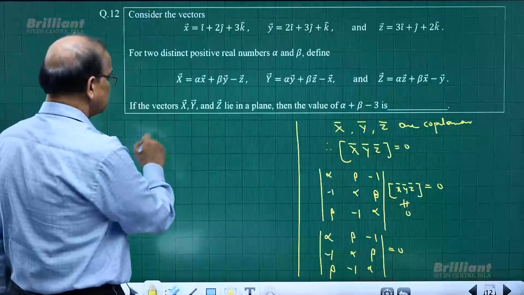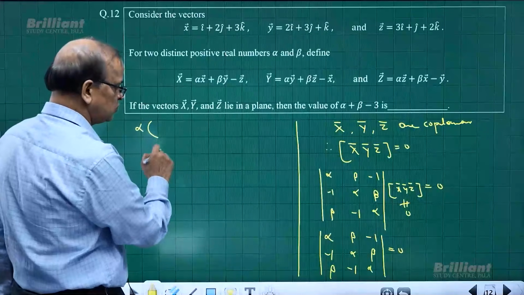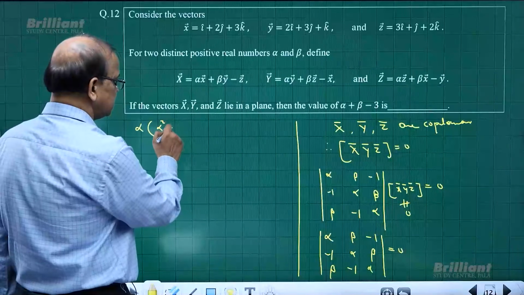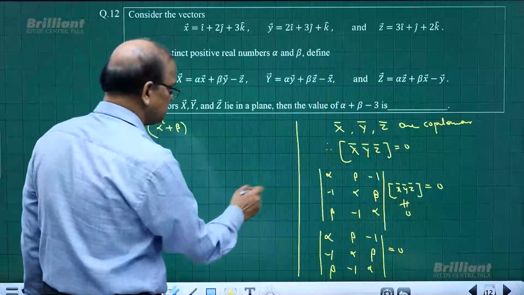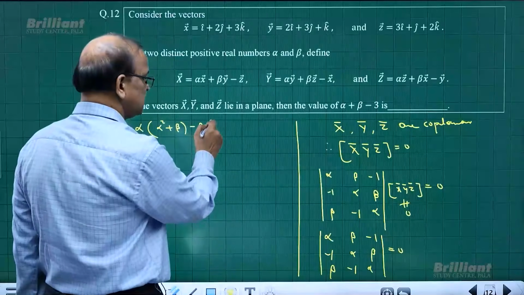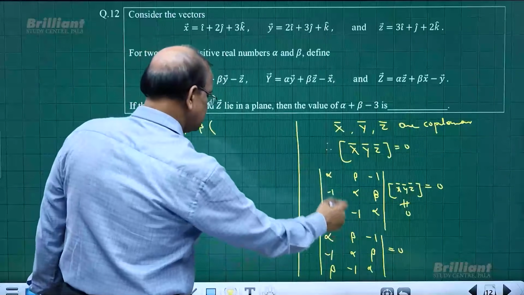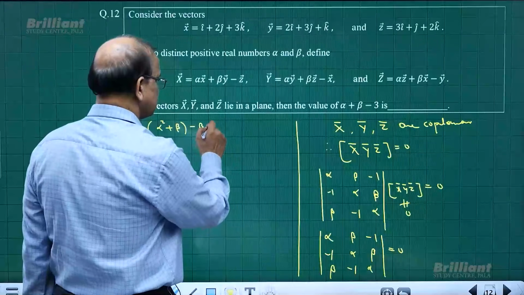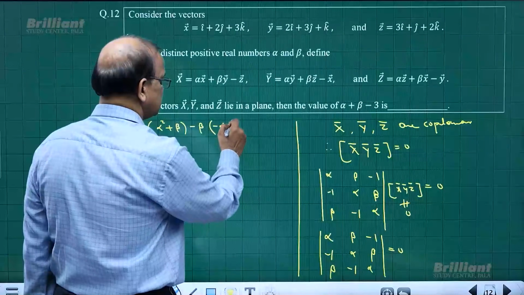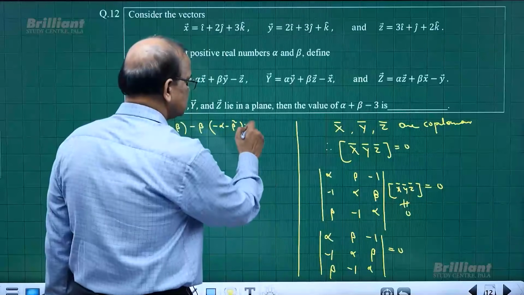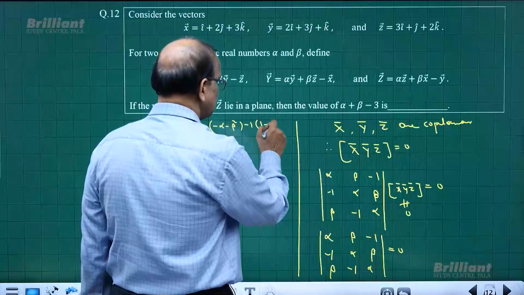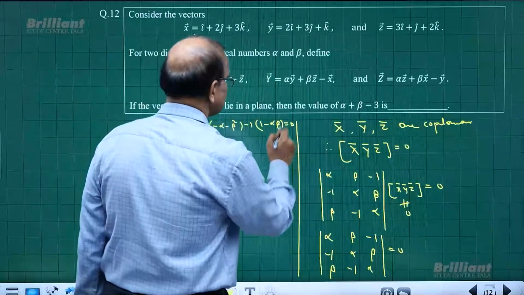So what is this? Alpha into alpha square plus beta, right? Minus beta times minus alpha minus beta square, minus 1 into 1 minus alpha beta 0, right?